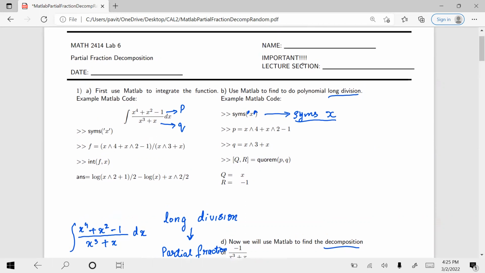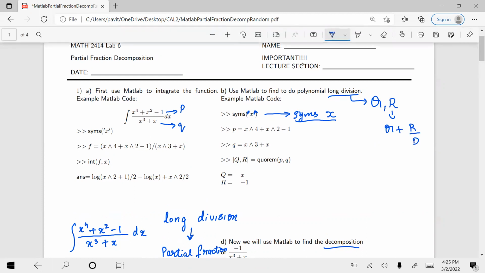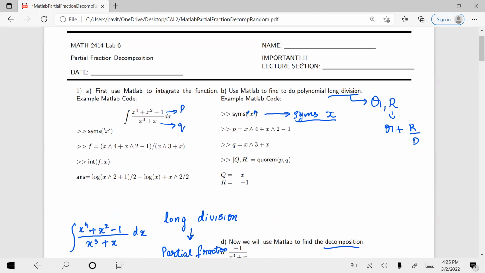What is the goal of doing long division? We need to find what is the Q and R, so that I can apply the formula Q plus R divided by denominator, right? So in order to apply this formula, I need Q and R, quotient and remainder.